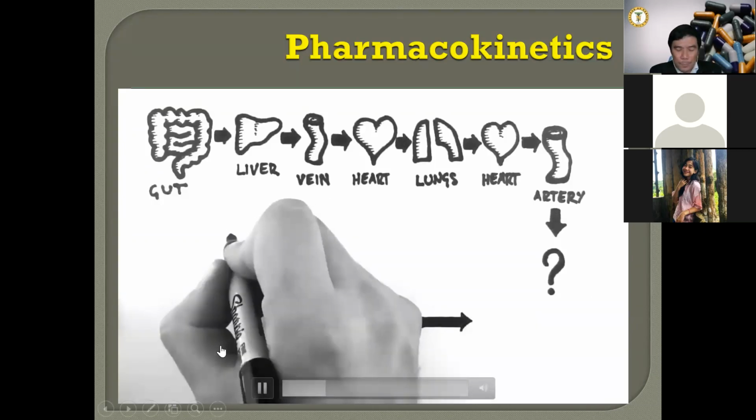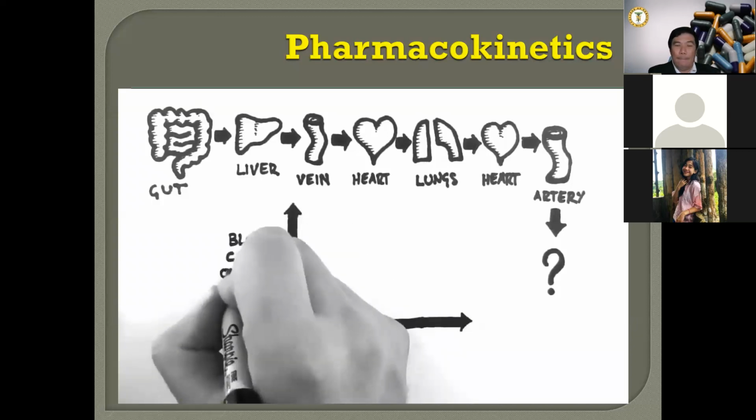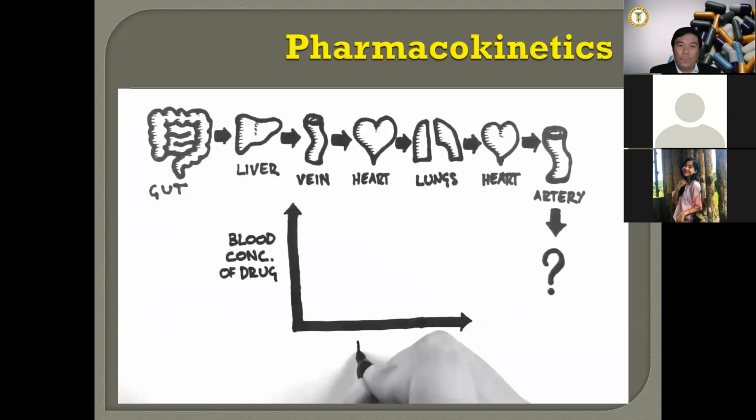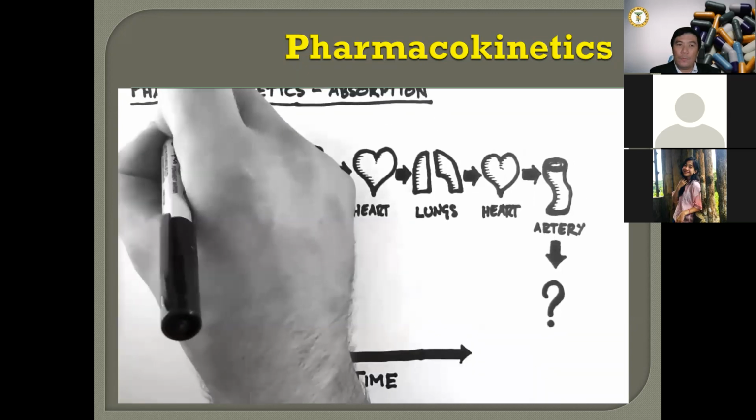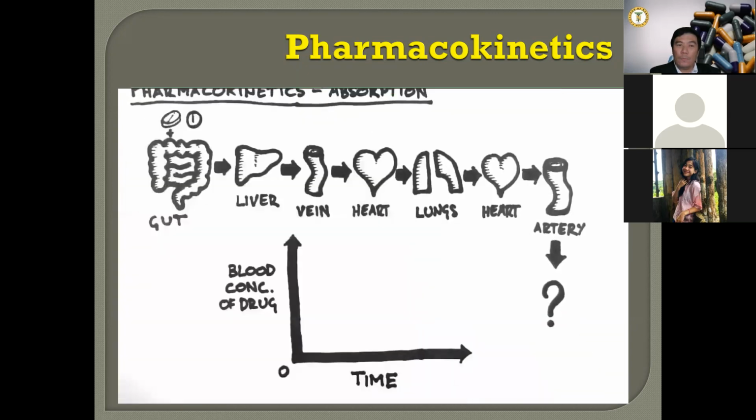On the y-axis, we have blood concentration of drug, and on the x-axis, we have time. We'll begin with the most common route of drug administration, which is orally. These drugs move through the digestive system and get absorbed by the gut.